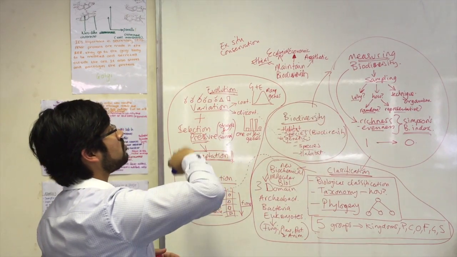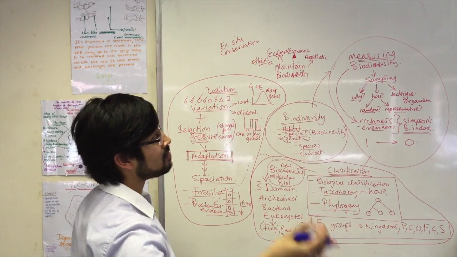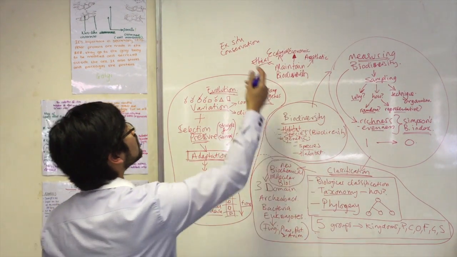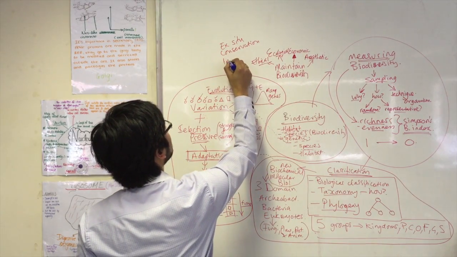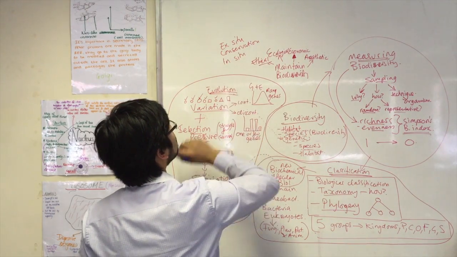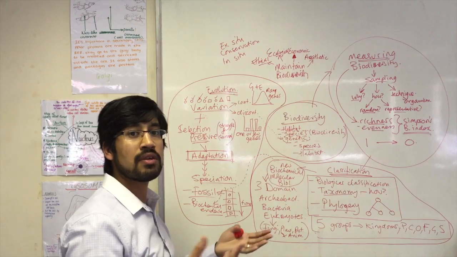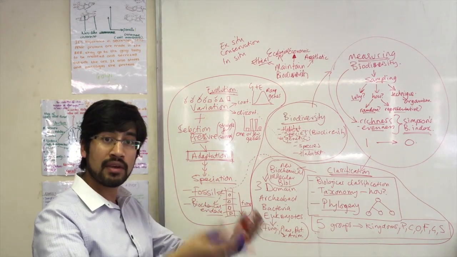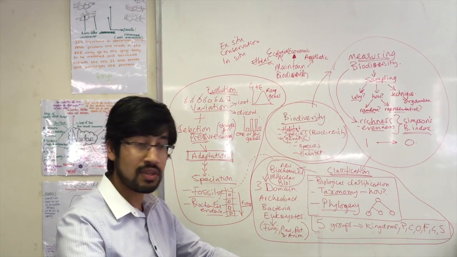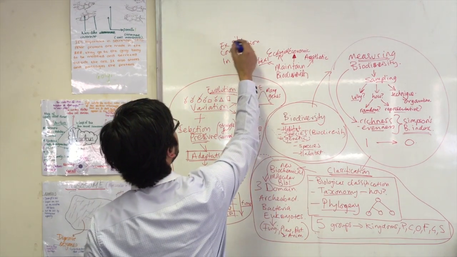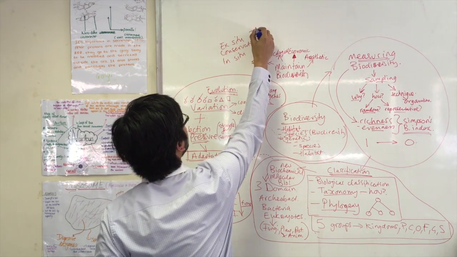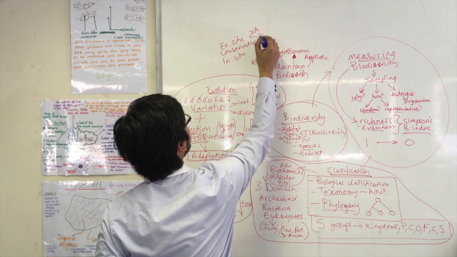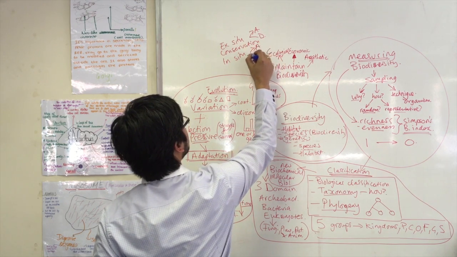So they need to be removed from their environment, and that obviously has some advantages and disadvantages. And we also have in situ conservation as well. And that's keeping organisms in their own natural environment, but that has its own advantages and disadvantages also. Okay? So know the advantages and disadvantages in each case.